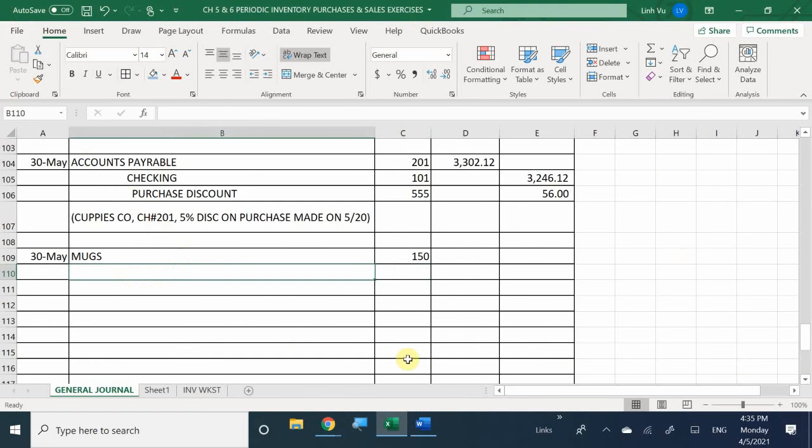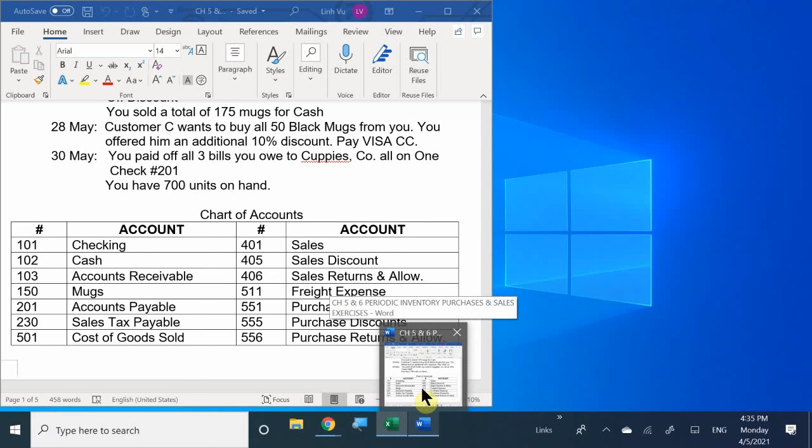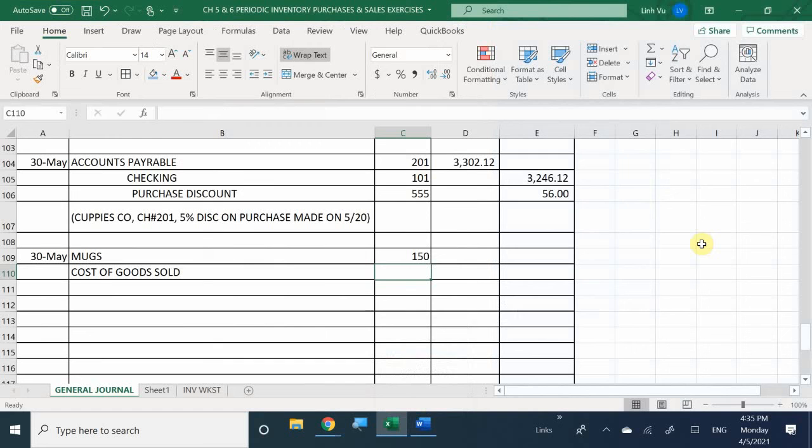Like we've mentioned before, we have to recognize our cost of goods sold. Okay? Cost of goods sold, which is account number 501.